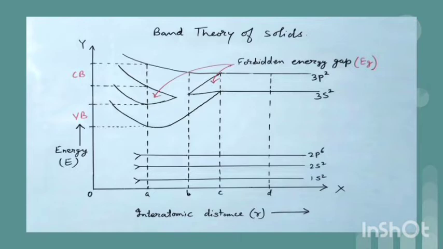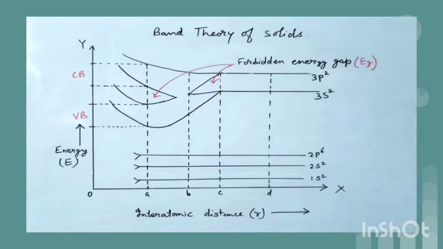As the interatomic spacing or distance in crystals is very small, there form two bands of energy with an energy gap. The lower band, which is completely filled with electrons, is known as valence band, and the upper unfilled band is called conduction band. The gap between these two is called forbidden energy gap or band gap.